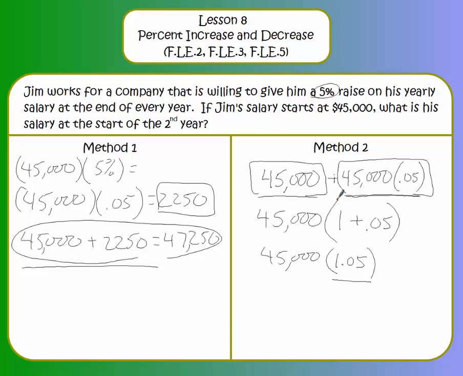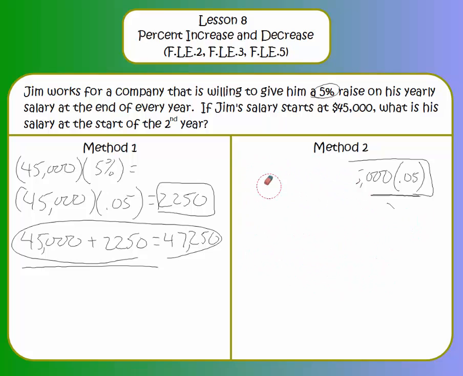So let's try this again. Let's see how we do this. Let me erase this. From scratch here, what we would do is we look and we say, okay, where's my starting amount? It's this, $45,000. And then I look at my percent and I find out if it's an increase or decrease.